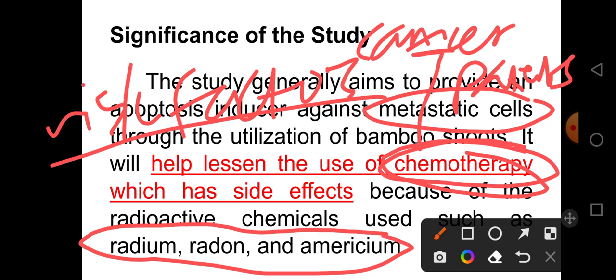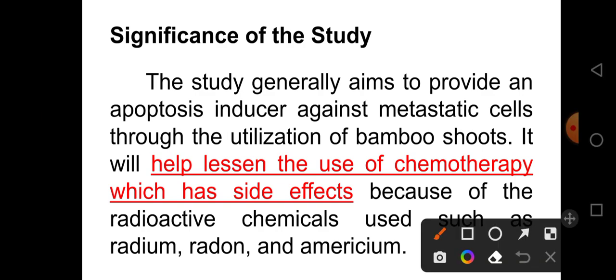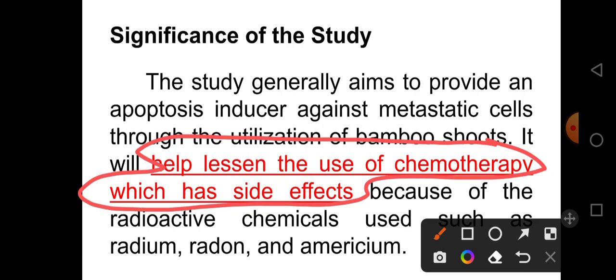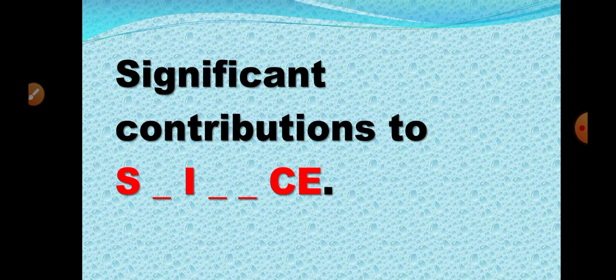So therefore, class, let's say your study provided a foundation that will help lessen the use of chemotherapy, a treatment that has high risk factors. This part of the significance of the study will show the significant contributions of your study towards your field of expertise.